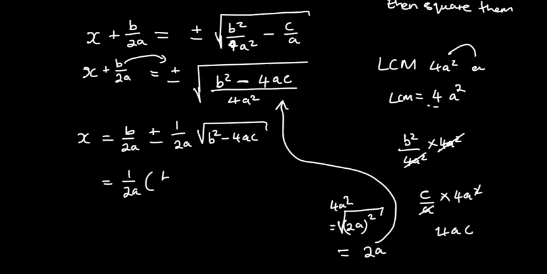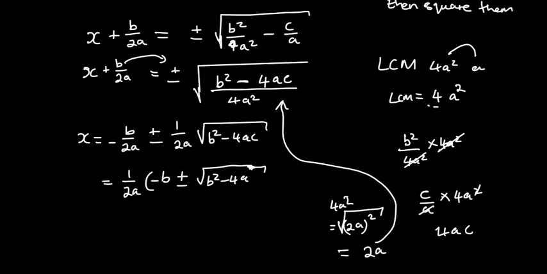So you basically have 1 over 2a into b. So when it comes that side, I didn't do something there. You're supposed to have a negative there. So this will be minus b plus minus root of b squared minus 4ac.